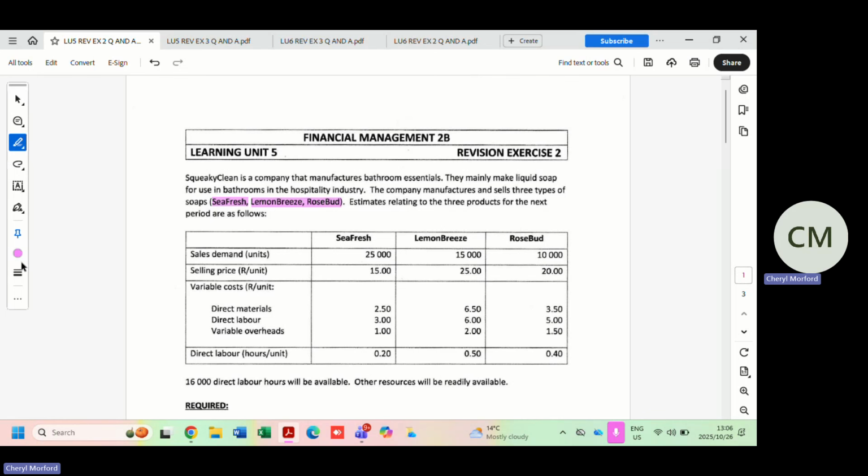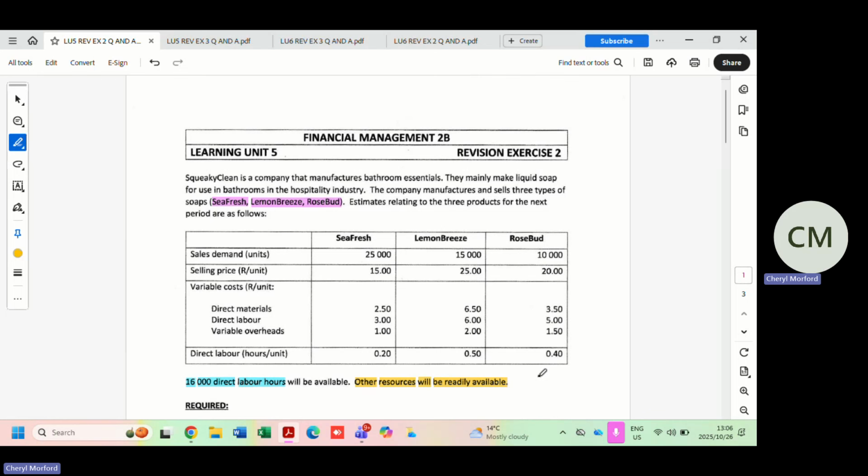The most important thing at the bottom here is this. It says we have 16,000 direct labor hours available, maximum, and no problem with the other factors. It says other resources readily available. So if there's machine hours or if there's materials, etc., those are not limiting.